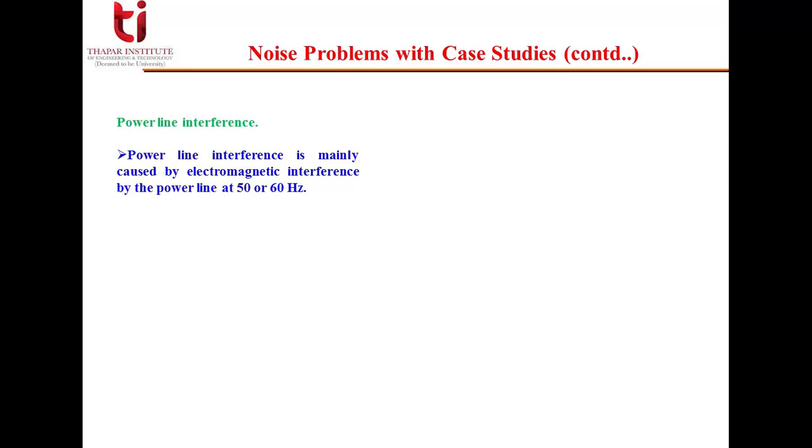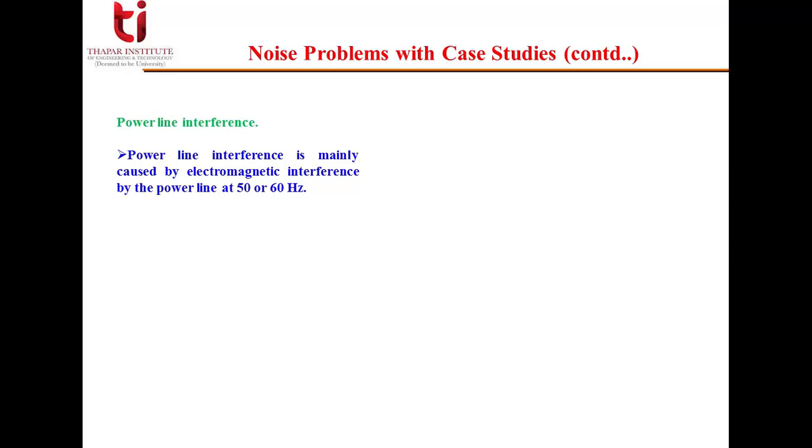In the US, the power line is at 60 hertz, and in India, it is 50 hertz. If this waveform is not pure, it also has harmonics of the fundamental frequency that could appear. So these signals are of much lower frequency than our communication signals, but they are within the band of biomedical signals.